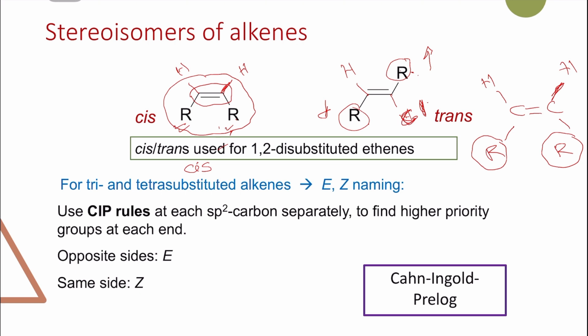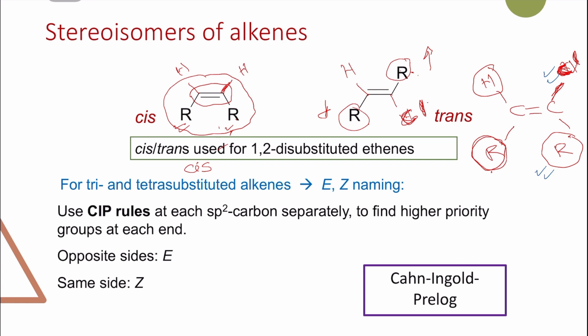So if I have something like chloride now instead of the hydrogen, will this be Z or will this be E? I cannot actually say now, because here the R was given priority over hydrogen. What about this R here and the chloride? Which one will be given priority?